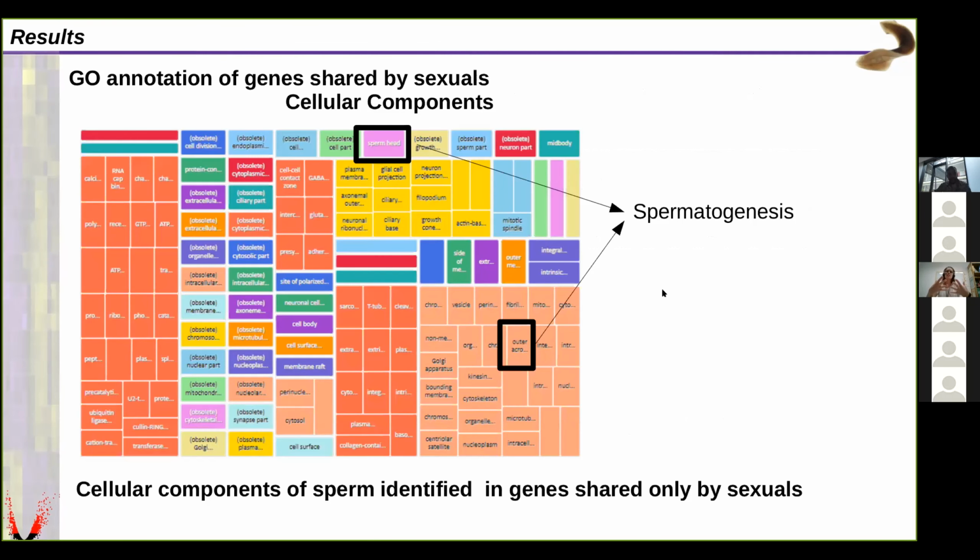The visualization of this annotation in REVIGO showed the presence of cellular components of the sperm related to the spermatogenesis process in these sexual planarians.